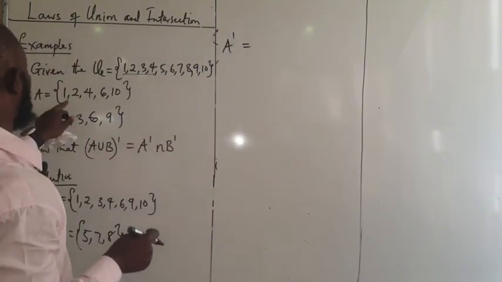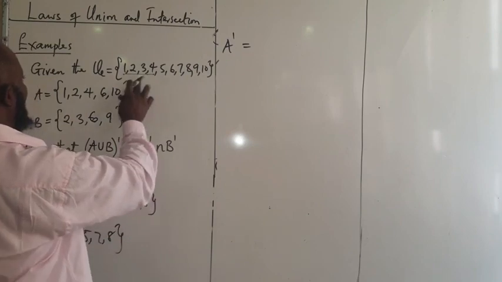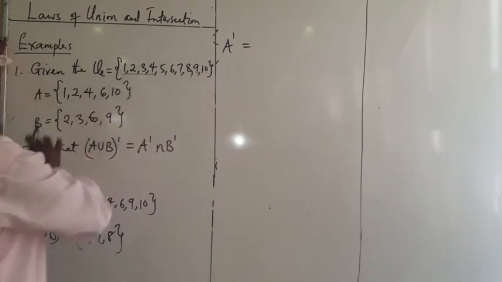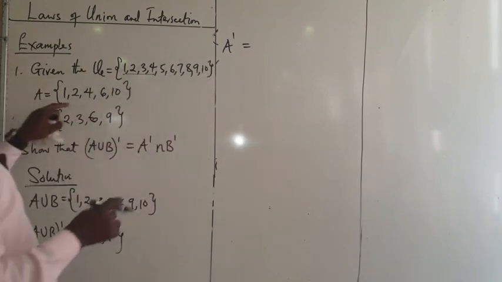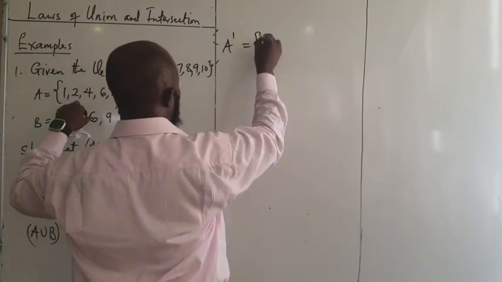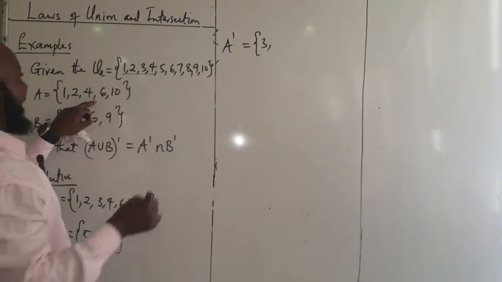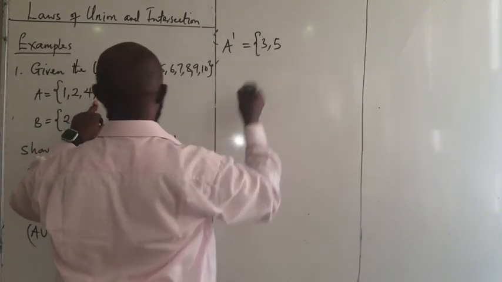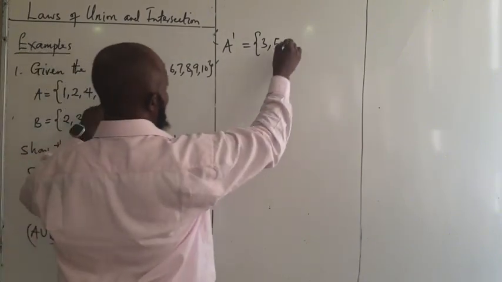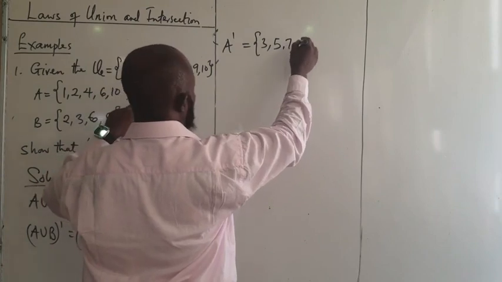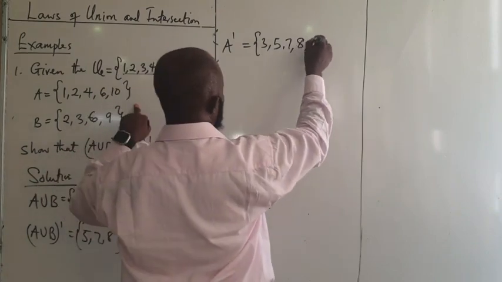So A complement are the elements we have in the universal set that are not in set A. So the first one is going to be 3. So we don't have 3 here, we have 3 here. So the next one is going to be 5. So the next one is going to be 7, 8, 9.